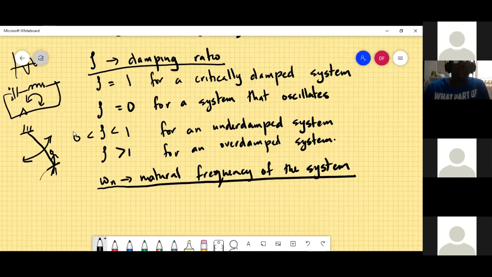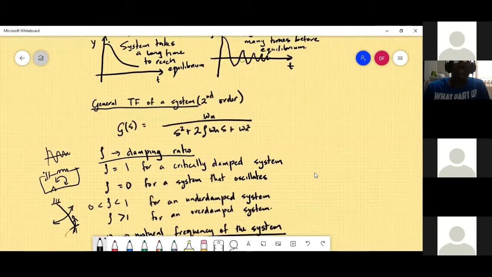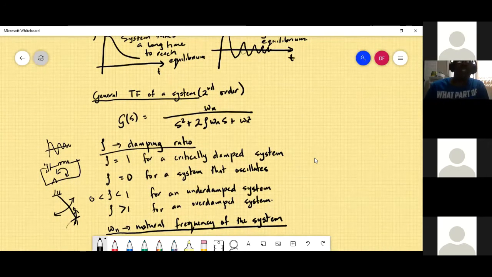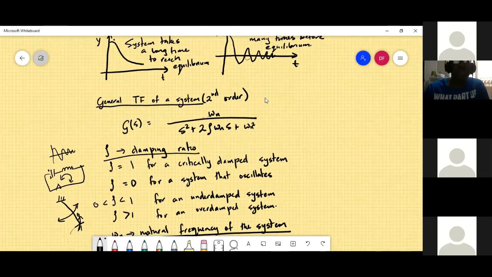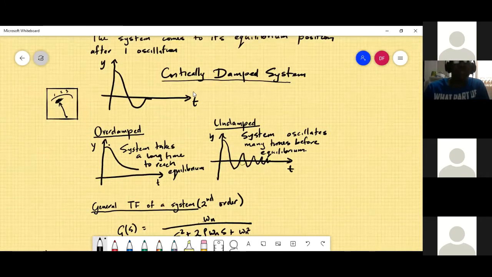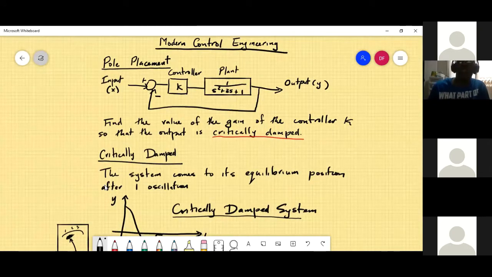All right, so we just needed that background to sort out this problem. We want the system that we discussed in the problem to be critically damped. Critically damped means that the output Y is going to behave a certain way. And that is what control is all about.